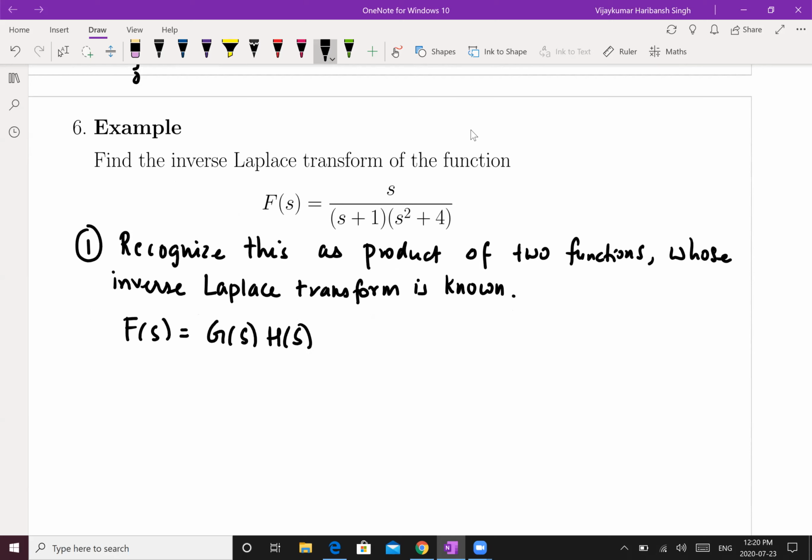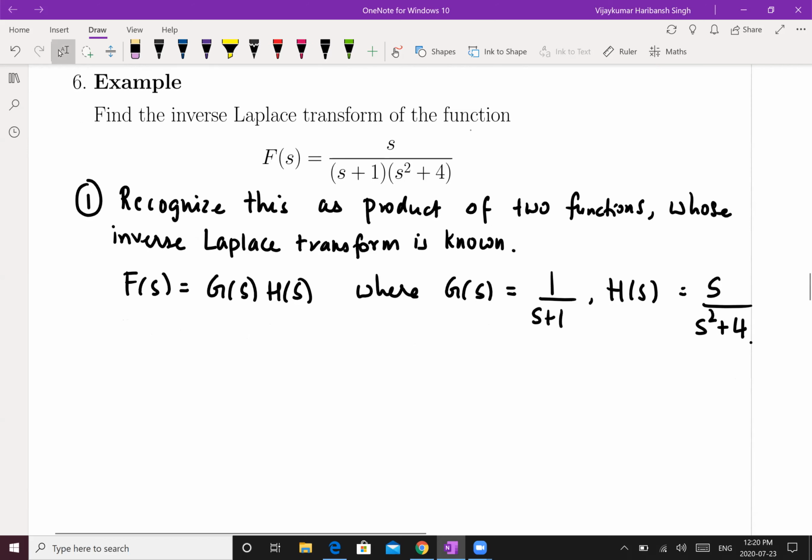And we know the Laplace transform where g of s is 1 by s plus 1. We know the Laplace transform of that. And h of s is s upon s square plus 4. So we know the Laplace inverse of these. We know to use formulas from the table.